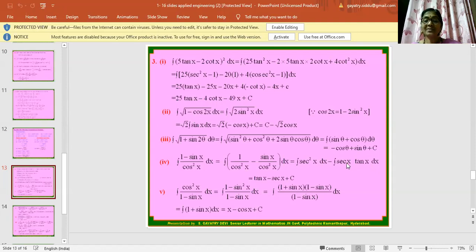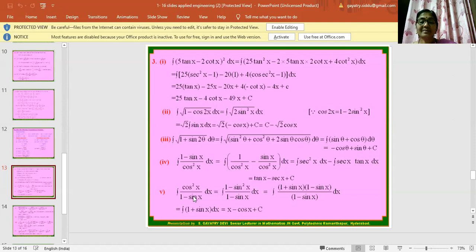So it is changed as integral secant square x dx minus integral secant x tan x dx, which gives a comfortable form. Integral secant square x equals tan x, a direct formula, and similarly integral secant x tan x is secant x, a very direct form, plus the integrating constant. So a single term in the denominator gives you comfort to split the numerator and get secant square x and secant x tan x.